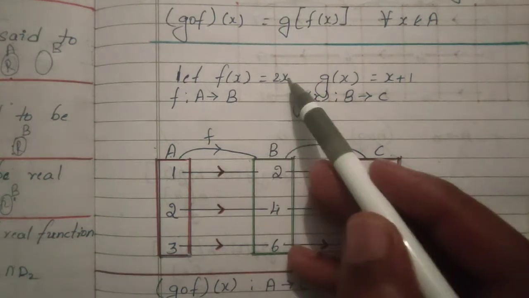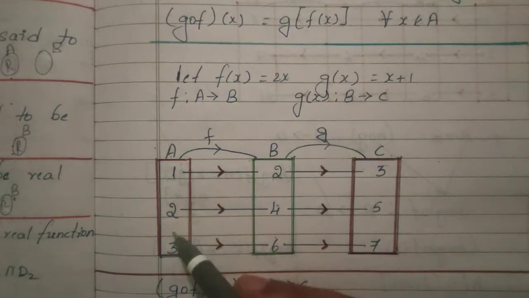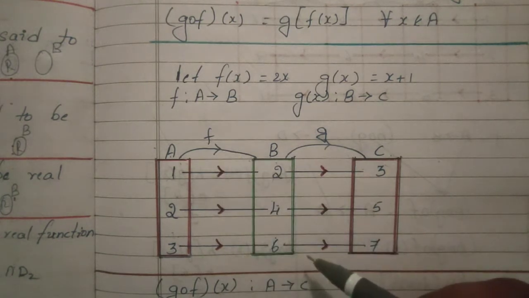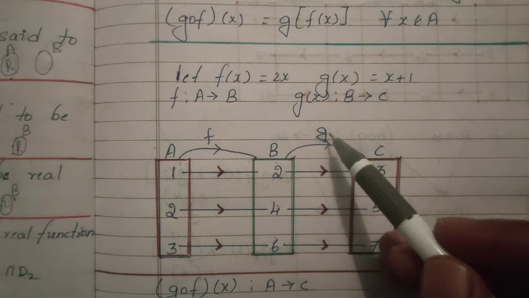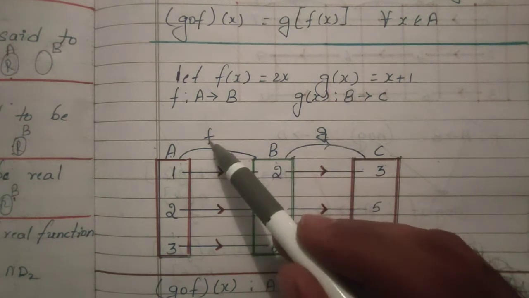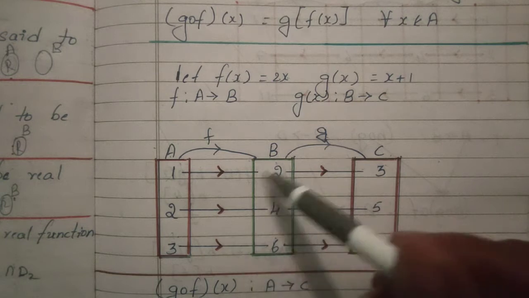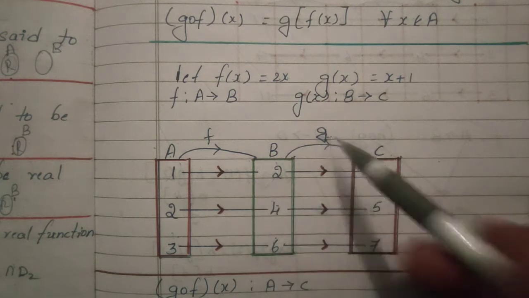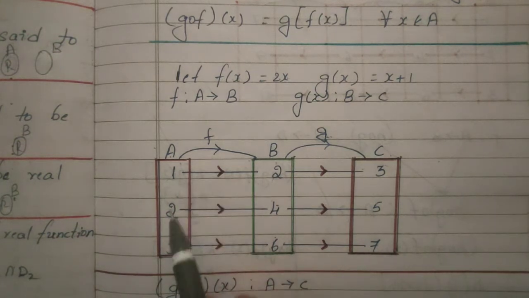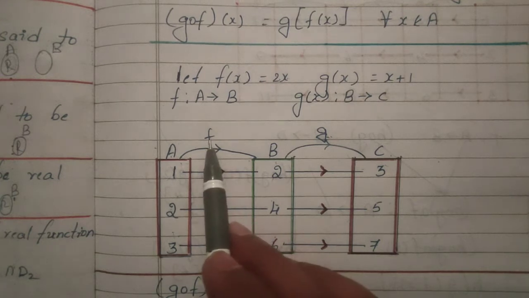If I take 3, 3 twos are 6. These are the domain, and these are the range of the function f. Domain of function f is 1, 2, 3, range is 2, 4, 6.